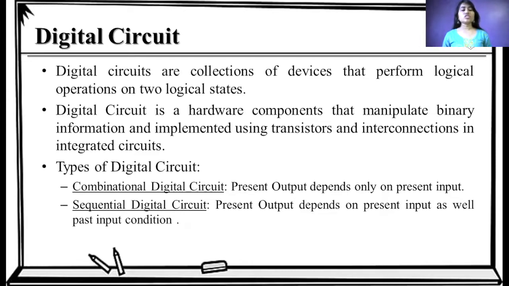In a sequential digital circuit, present output depends on present input as well as past input conditions. So these are the types of digital circuit. In this chapter, we have to discuss combinational digital circuits. So let's start.